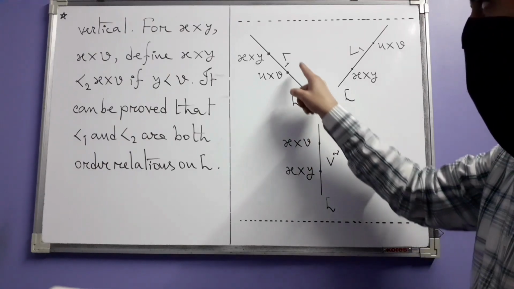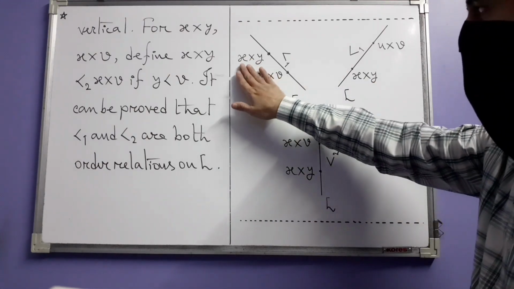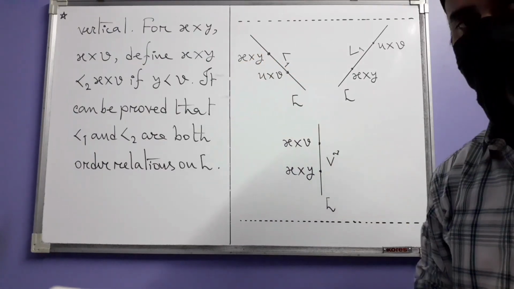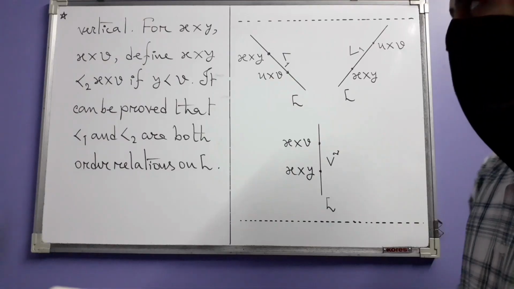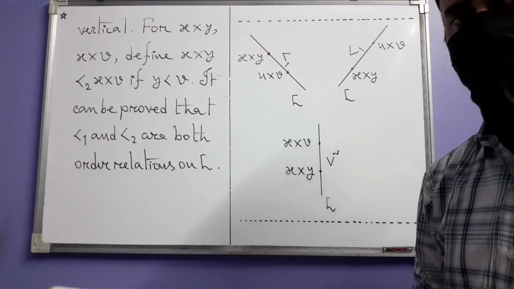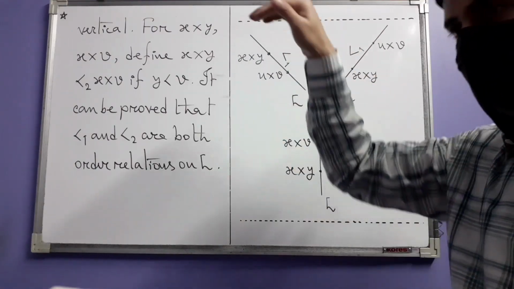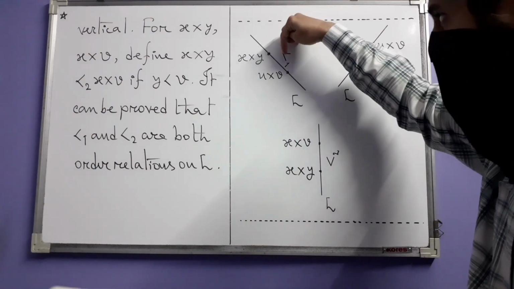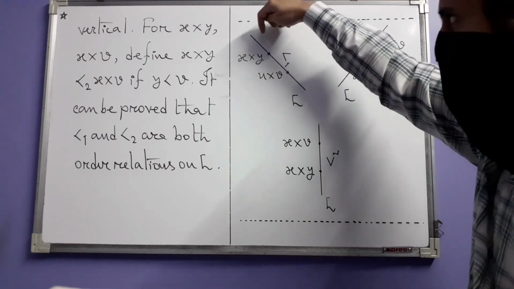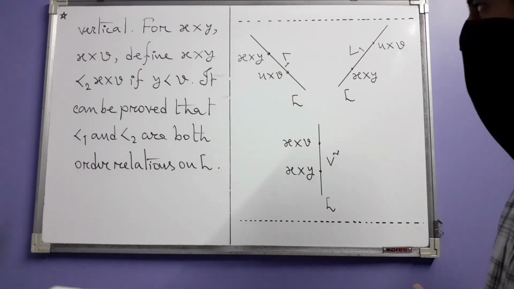By the definition of the order relation less than 1, this point will be less than this point if x is less than u as real numbers. That means if x lies to the left of u, then as we go along this line rightward, even though we go down, we get larger and larger points. This is the direction in which the order relation works.